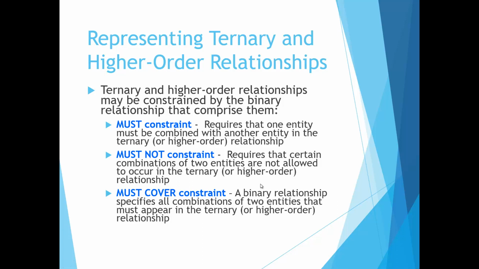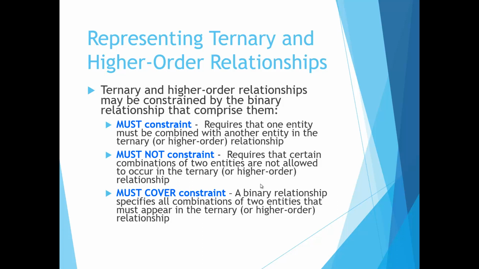The ternary and higher order relationships may be constrained by the binary relationship that comprise them. For example, we have the must constraint, which requires that one entity must be combined with another entity in the ternary or higher order relationship.